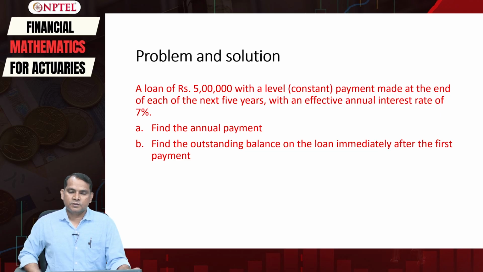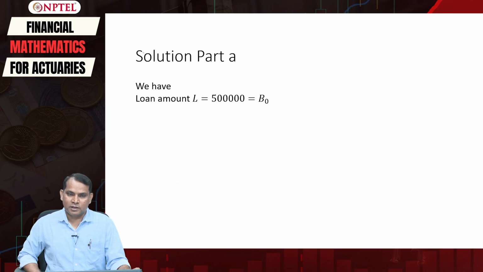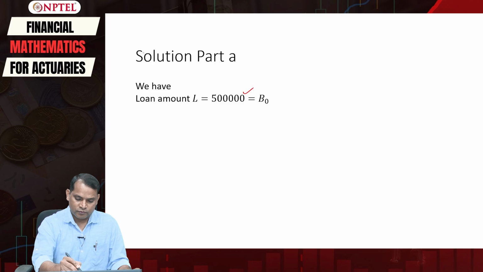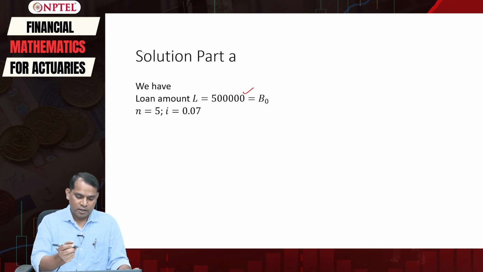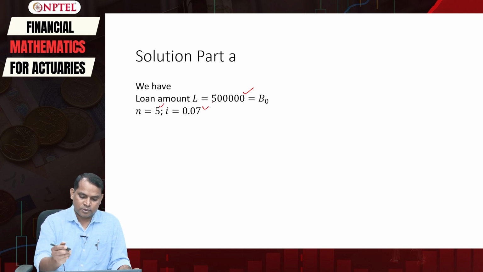Okay, so let us do the solution for part A. What we have in the problem is the loan amount L, that is 5 lakh rupees, which is also known as the initial loan balance, B0, and we have the interest rate and N. So N is equal to 5 and i is equal to 7%.